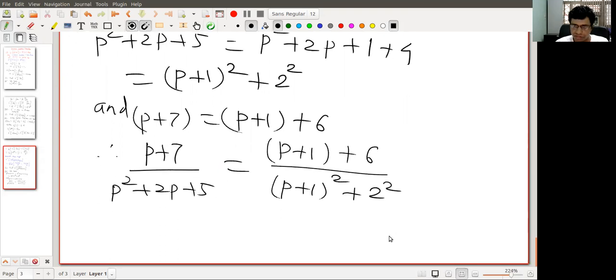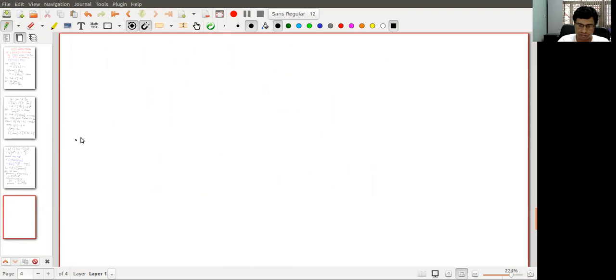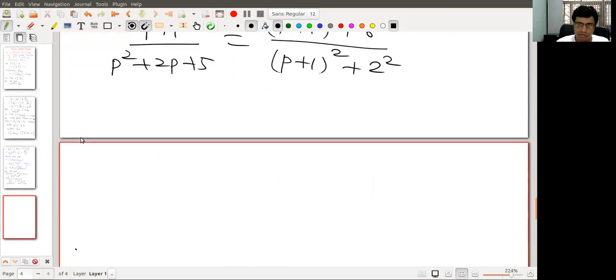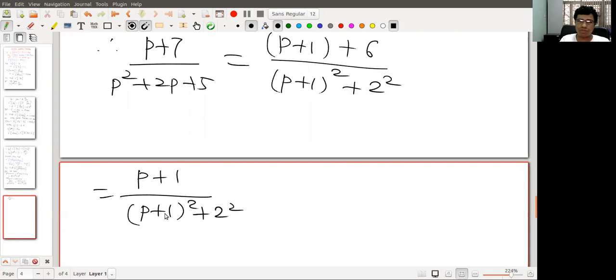Okay, and this we write as p plus 1 divided by p plus 1 square plus 2 square. Okay, this is of the form p divided by p square plus a square.